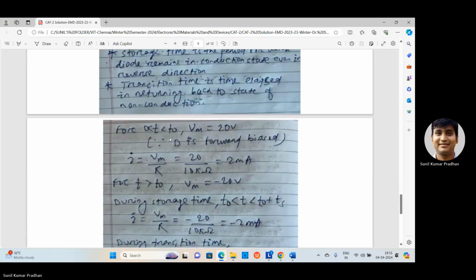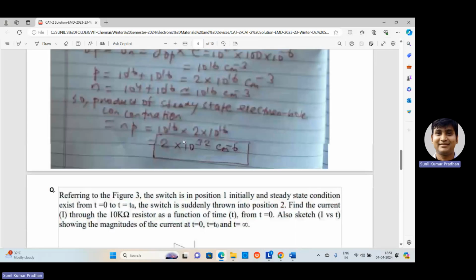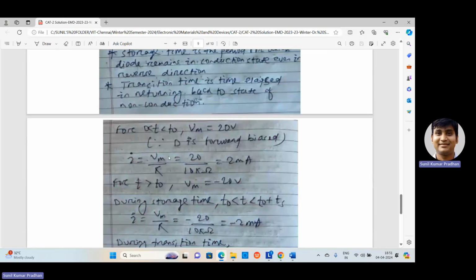So when time t is greater than 0 and less than t naught, in that case my diode will be forward biased. If it's forward biased, then what will be my current? So it is 20 volt divided by R is equal to 10 kilo ohm, 2 milliampere.